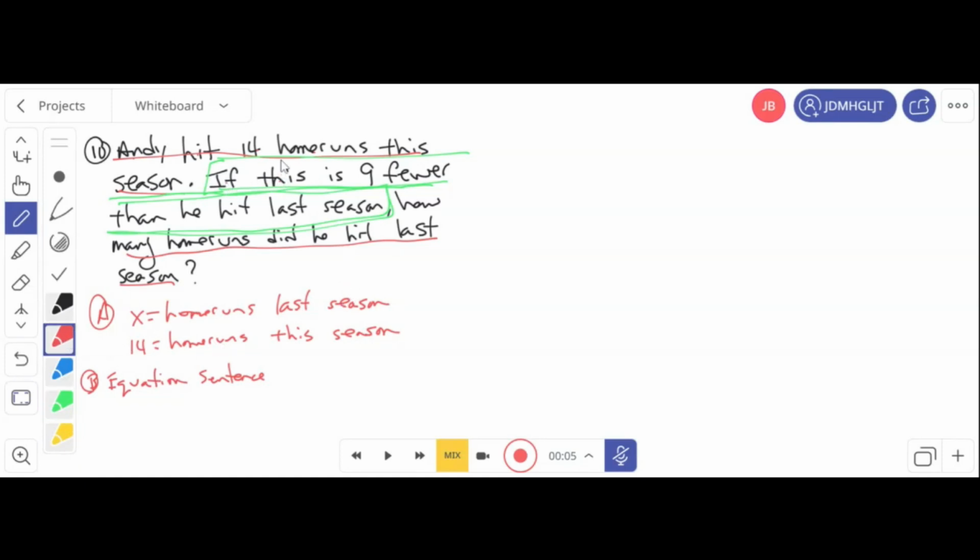So if this, there's our word this refers to what was stated before. The thing that was stated before is 14 home runs this season. This is 9 fewer. There's our number 9. Fewer means we are subtracting. Than is our reverse word. So we're taking 9 away from the amount he hit last season, which is X.